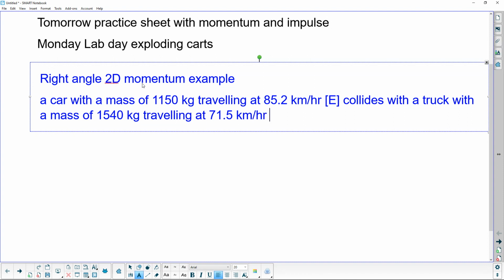And we'll say south. Okay, so there's our setup.